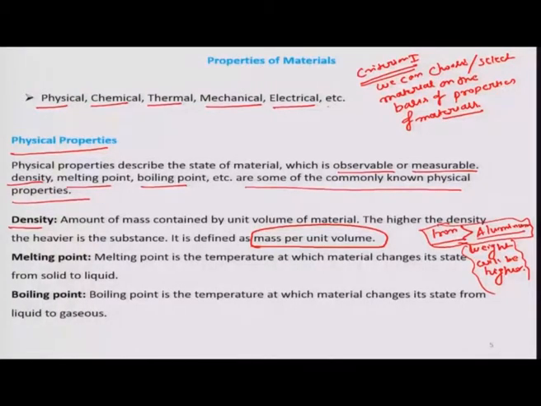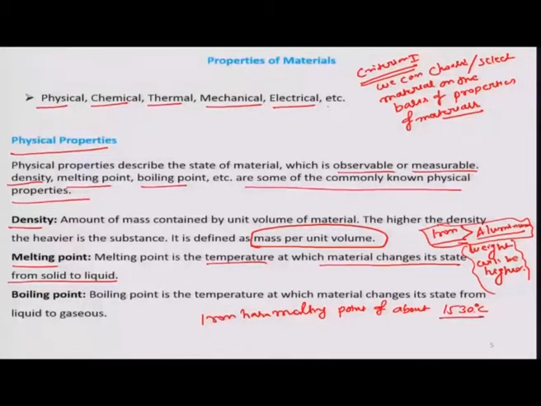Okay. Melting point. Melting point is the temperature at which the material changes its state from solid to liquid. Okay. For example, iron has a melting point of about 1530 degrees Celsius. Okay.